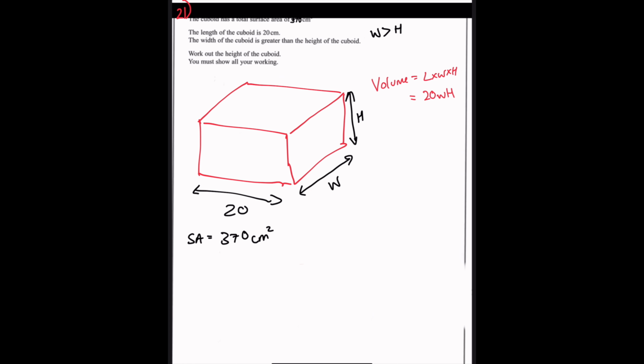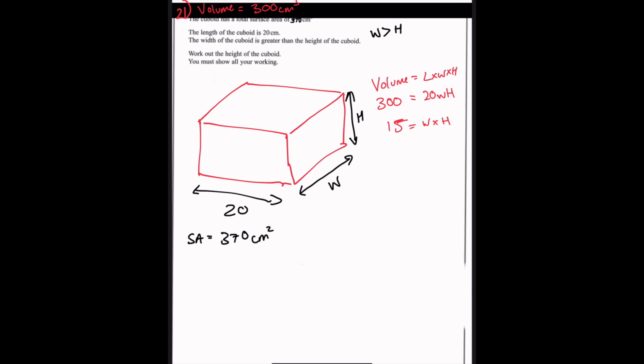Volume is 300 centimeters cubed. Apologies for that, I cut it off. So 300 equals 20 times the width times the height. To find width times height, I do 300 divided by 20, and I get 15 equals W times H.